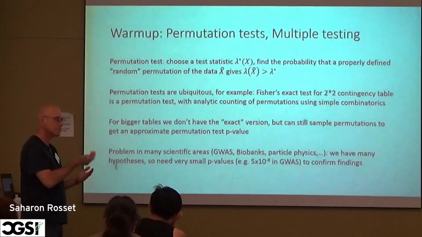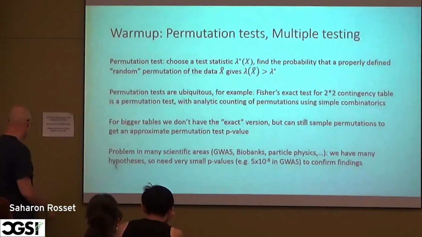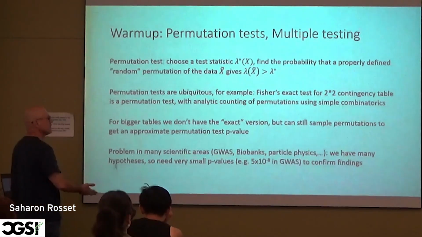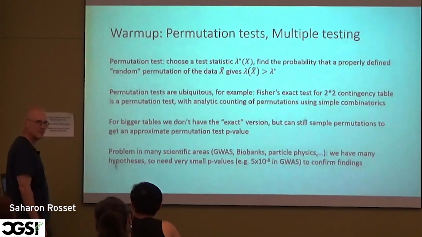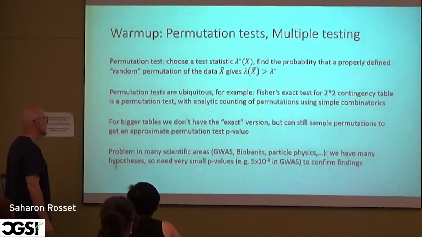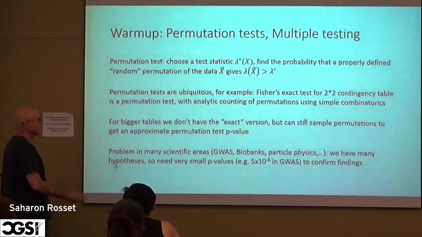Explicit or implicit. In particle physics, it's usually implicit multiplicity. But the 5 sigma rule in particle physics is very much like the 5 times 10 to the minus 8 threshold in GWAS. Okay, so we have to confirm really small p-values.